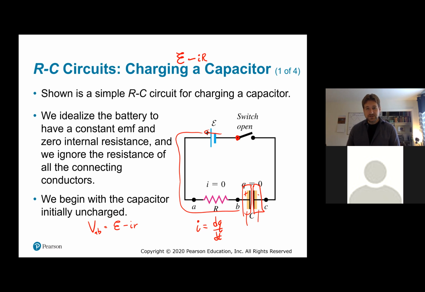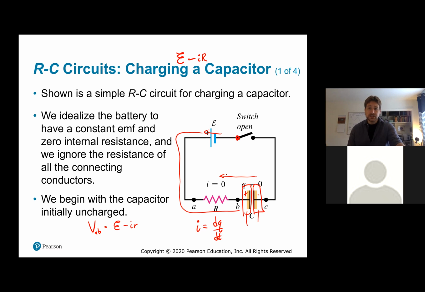That potential difference starts to look like a battery, but the positive plate is on the left. The capacitor, as it charges, tries to push back the other way.